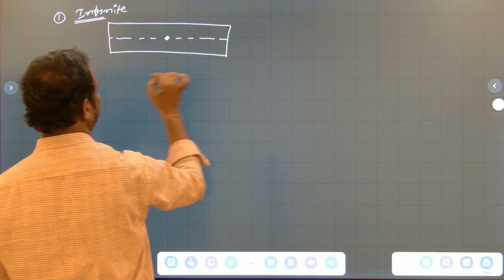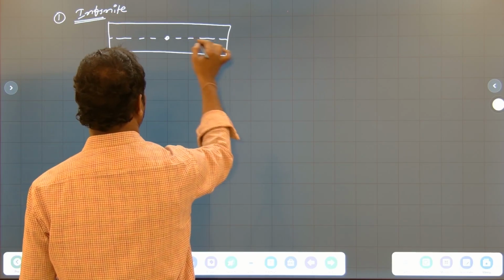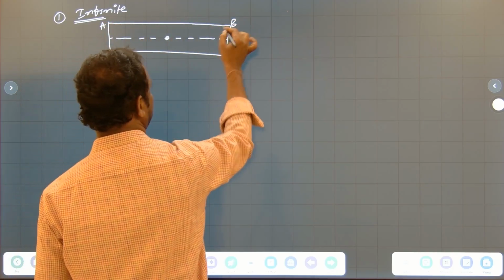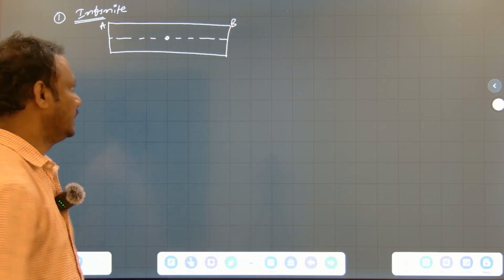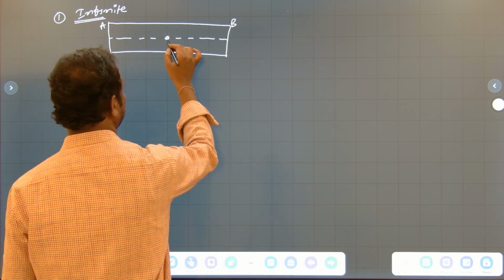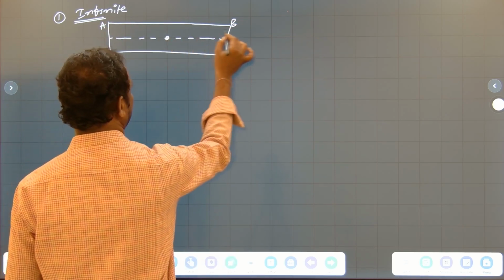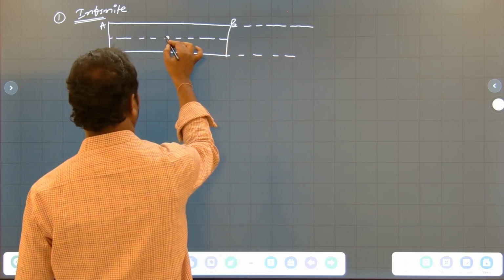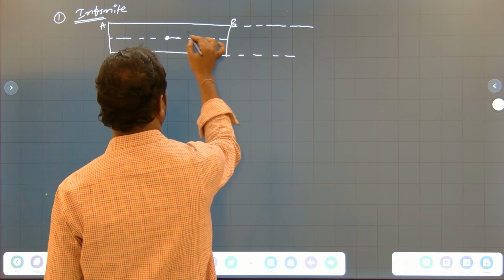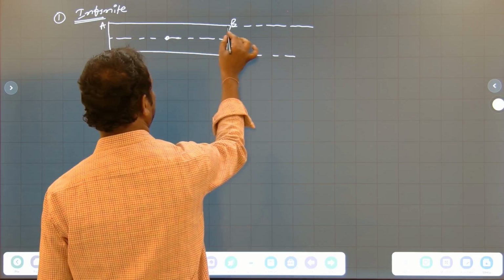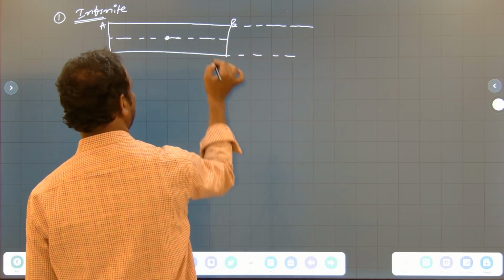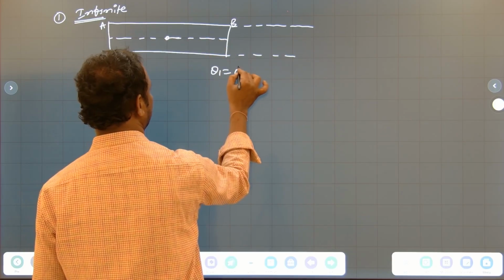Say the ends are point A and point B. Infinite means the angle becomes, from here to infinity, theta 1 equals 0 degrees.